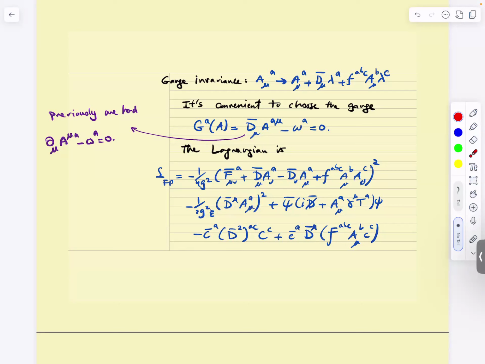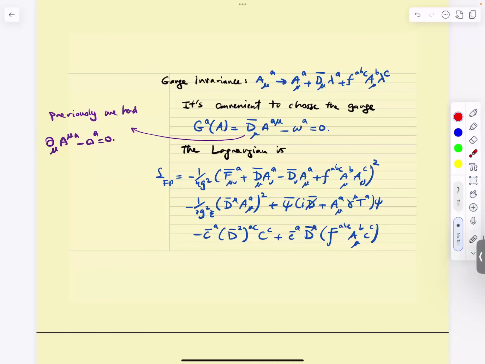So previously we had del mu a mu, now we have d bar. This is the gauge fixing term. We're going to get the kinetic term for the fermions, which has the covariant derivative with respect to the background. We're also going to have d bar squared for the ghost anti-ghost, and similarly for the coupling between the ghost anti-ghost and the gauge field. Any questions?